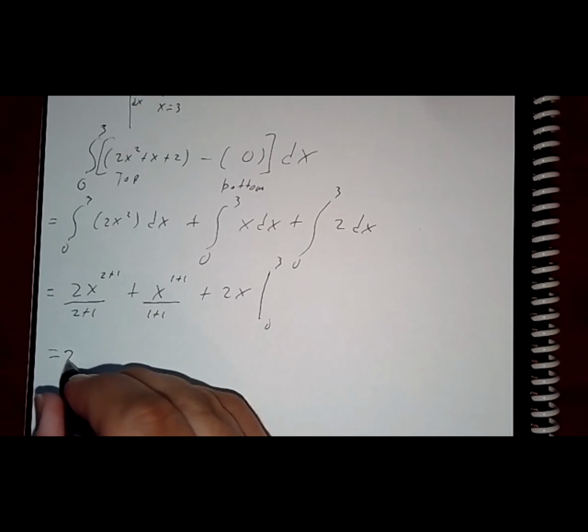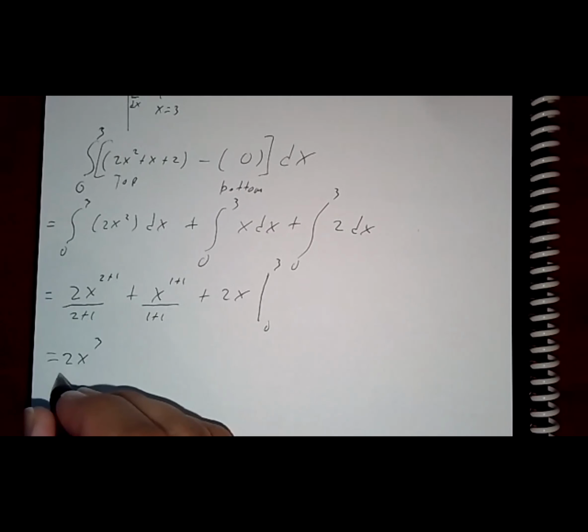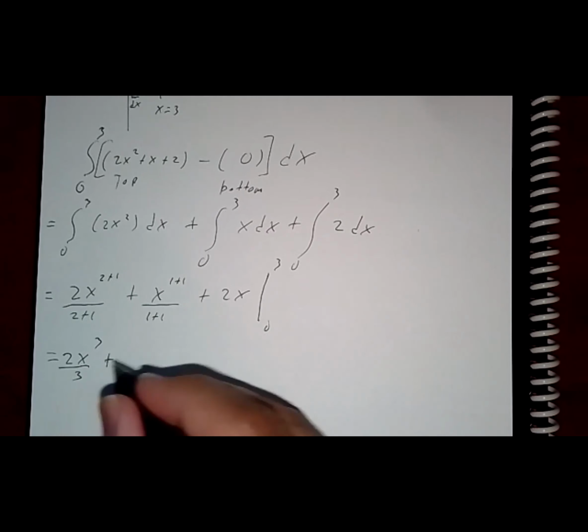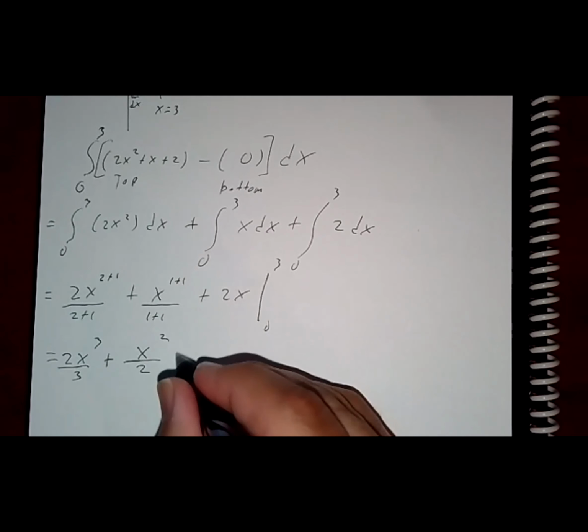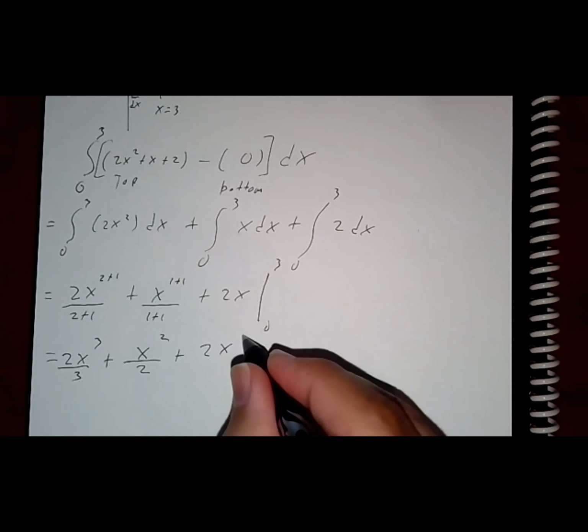All right, so that'll be 2x cubed over 3 plus x squared over 2 plus 2x.